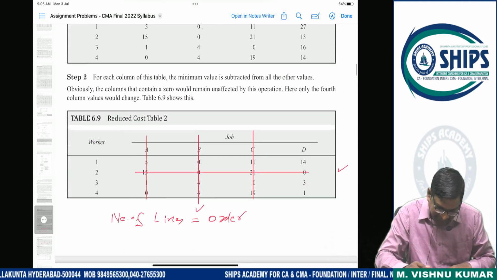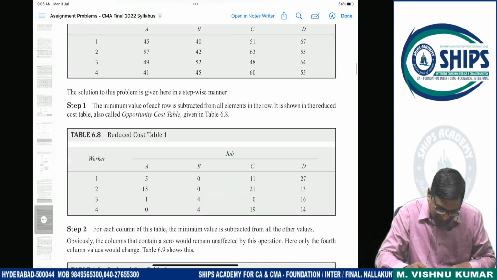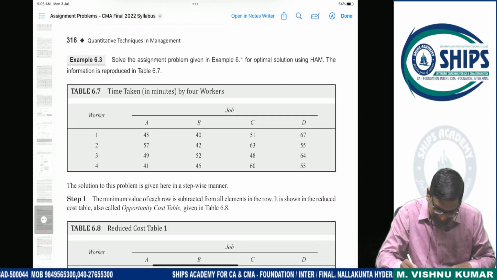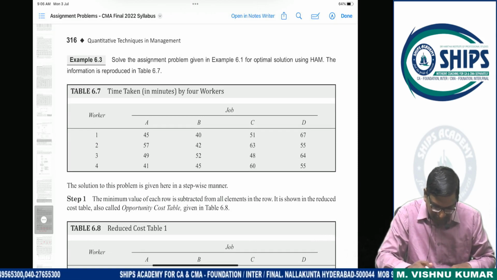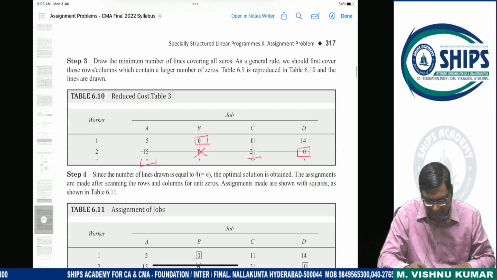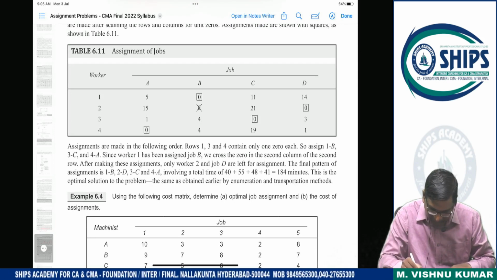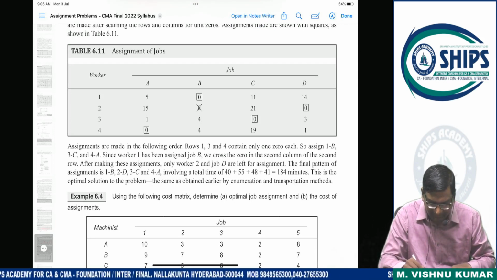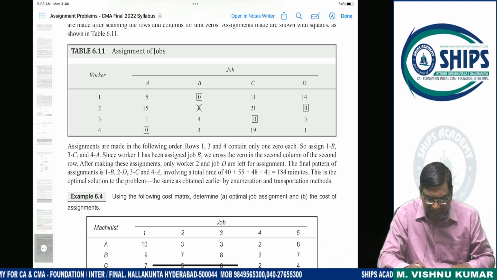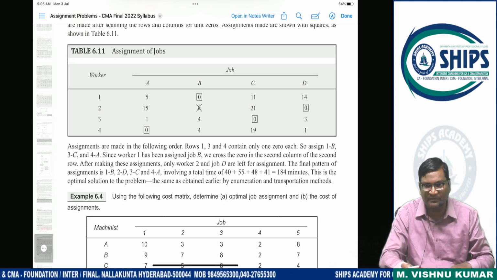Now worker second is getting D. How much time? 55. Now worker 3 getting 48. Worker 4 getting A, 41. Total कर लेना उसका. That's it. So that is 184. So in this way, steps will be followed here.